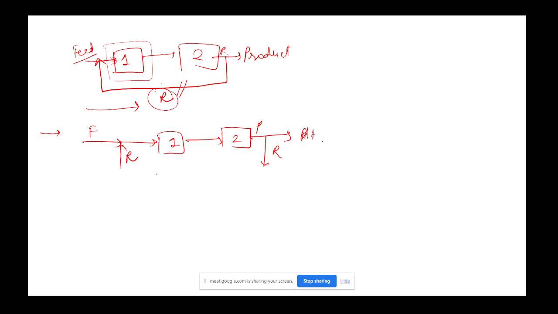Now this can be solved. You start with a guess for any recycle stream, and you progress through the process. This is obviously an iterative method, so you stop when the answers match and the error is negligible.